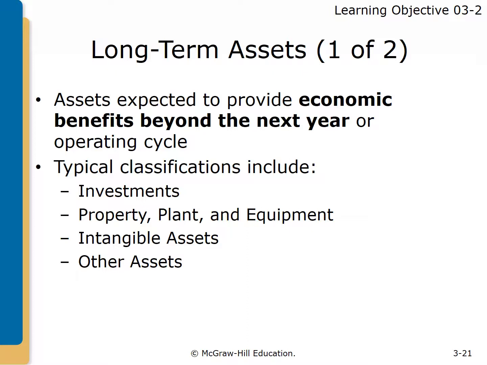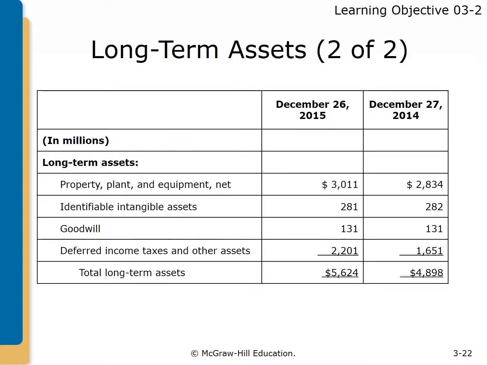So remember, an asset will fall into one of these categories due to their characteristics. Here is an illustration of the long-term assets for, I guess this is Nike again, and they label them long-term assets and then list each major type.